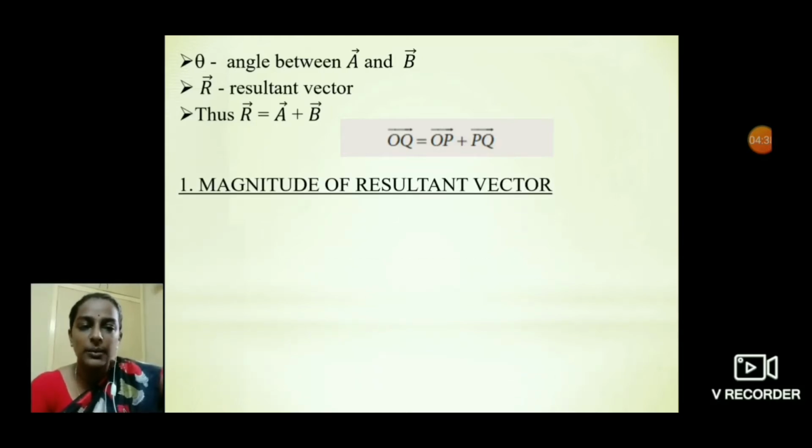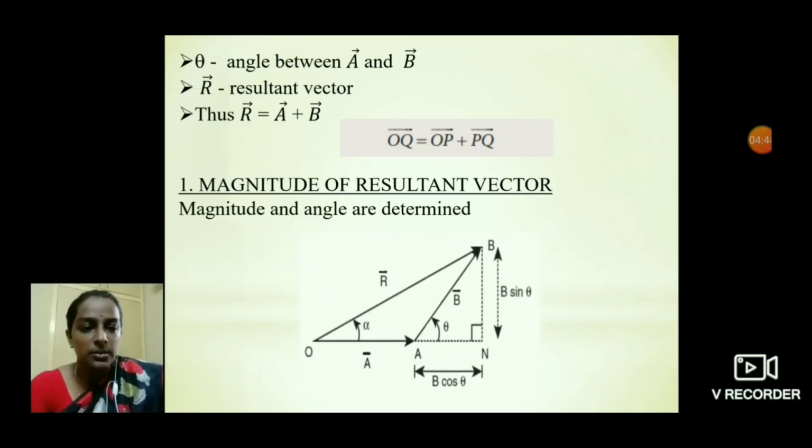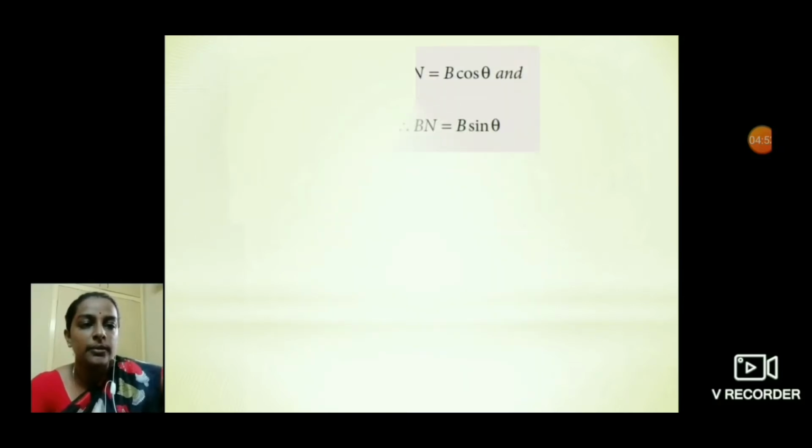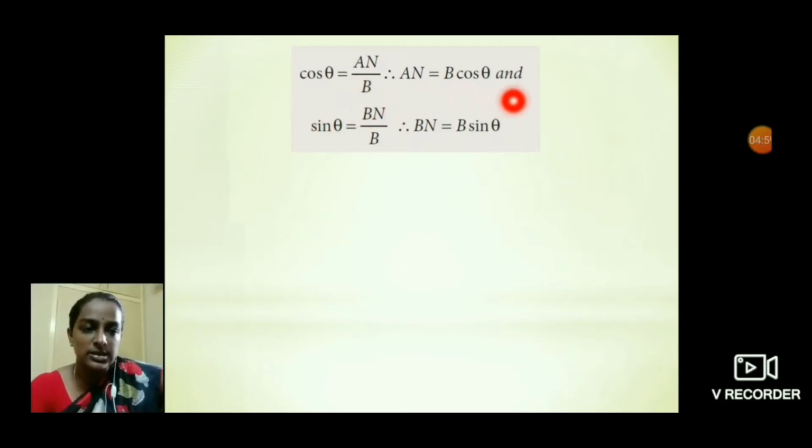So when we try to calculate the magnitude of the resultant vector, we imagine another triangle, that is OBN. We get cos theta is equal to AN by B, that is AN is equal to B cos theta, and sin theta is equal to BN by B, so BN is equal to B sin theta.